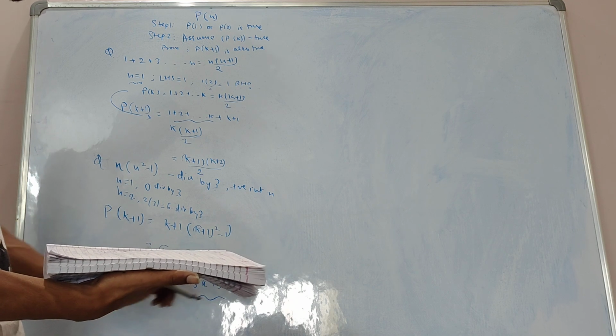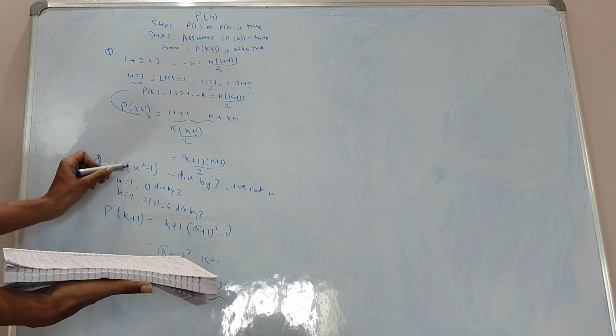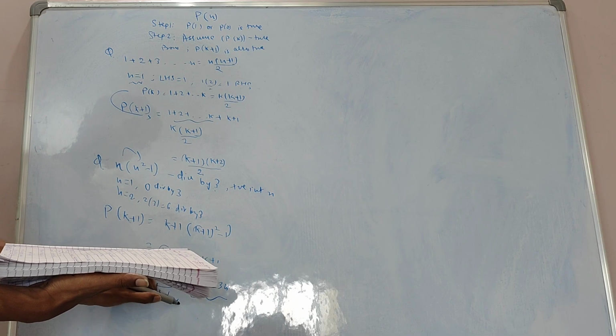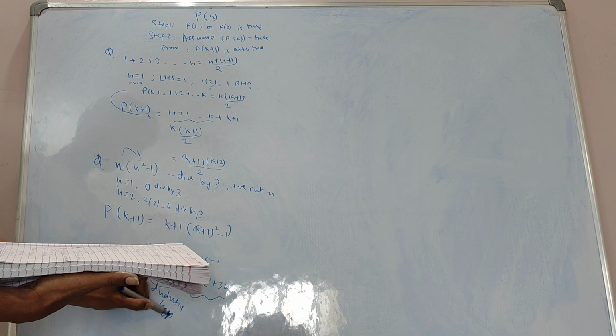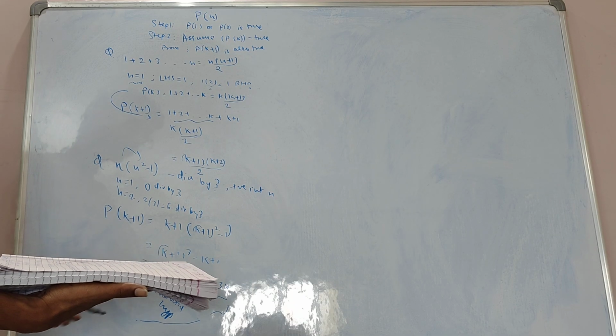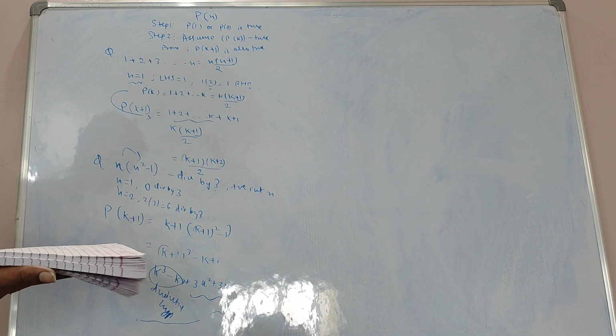So this is divisible by 3. This is already divisible by 3. We will use here the inductive hypothesis, right? And this whole will be divisible by 3, hence proved, right?